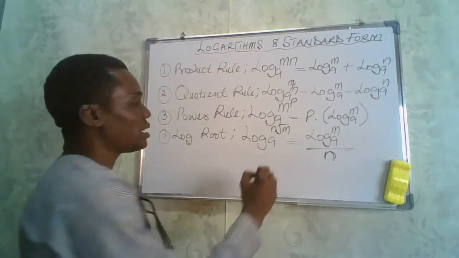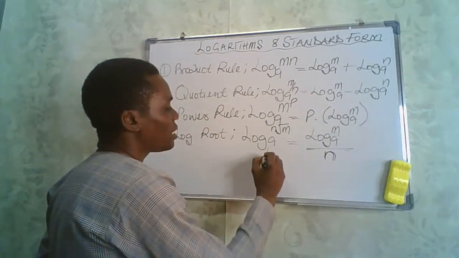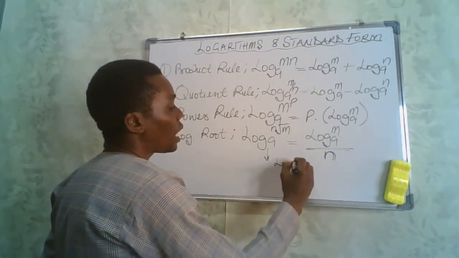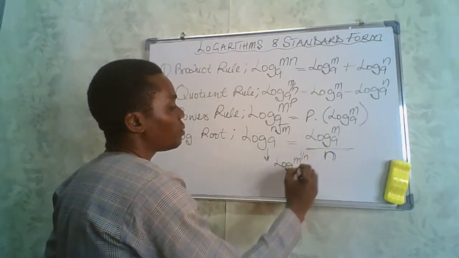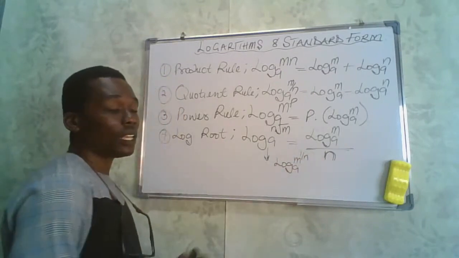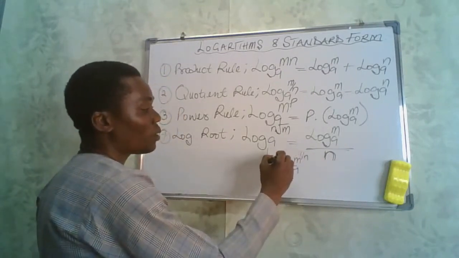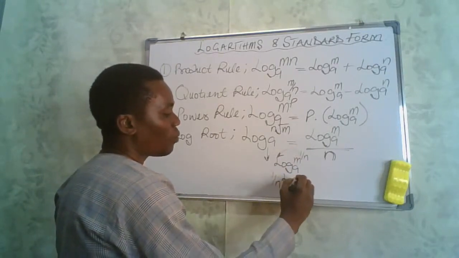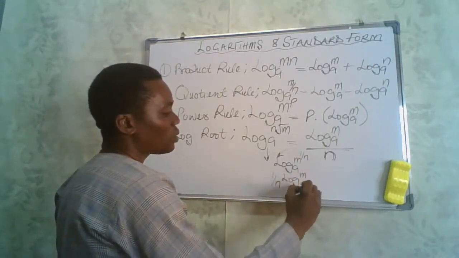Why do I say this? Because this can simply give me a log of m to the power of 1 divided by n to base a. And you know this power will definitely come here, and this will give you 1 divided by n times the log of m to base a.